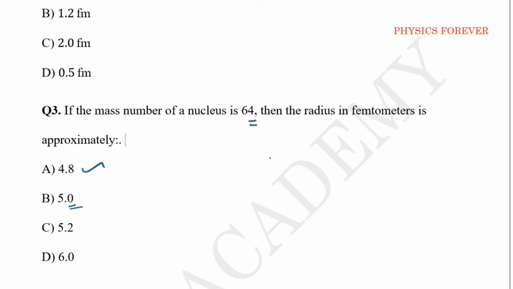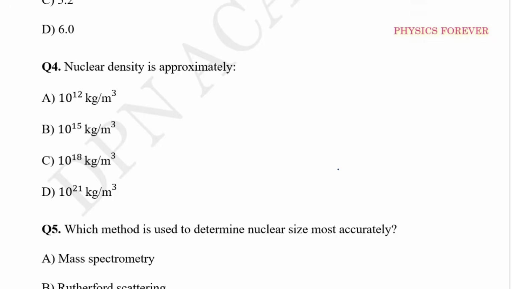Okay. So next we move on to the next question. The nuclear density is approximately equal to, the correct option will be 4. Then what is the nuclear density constant value?